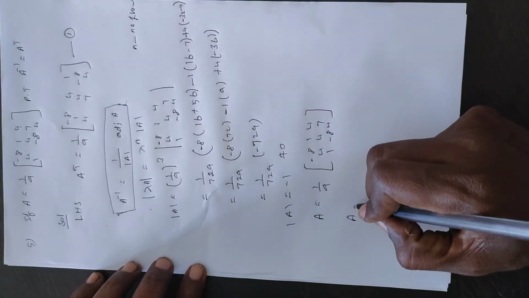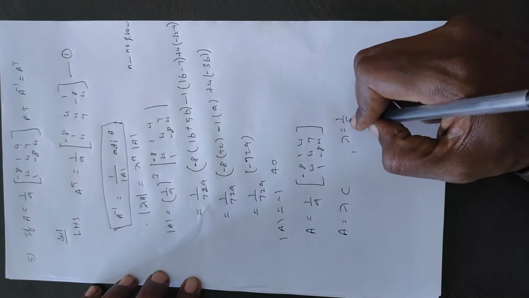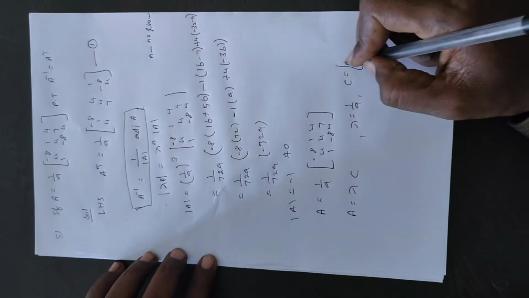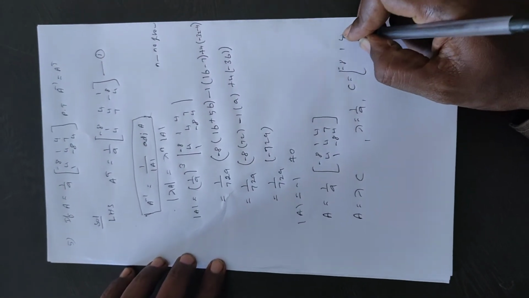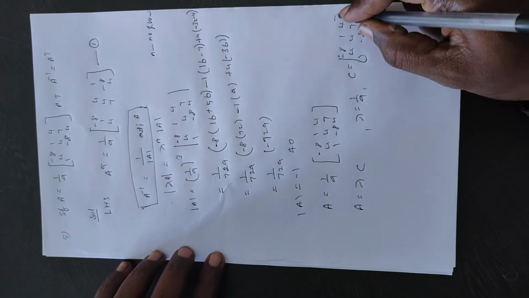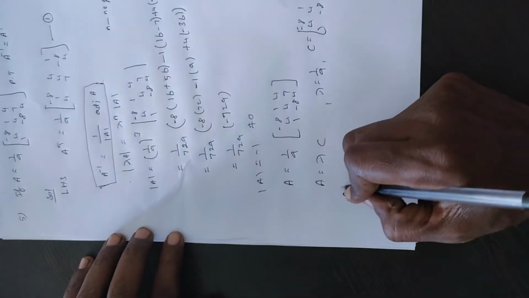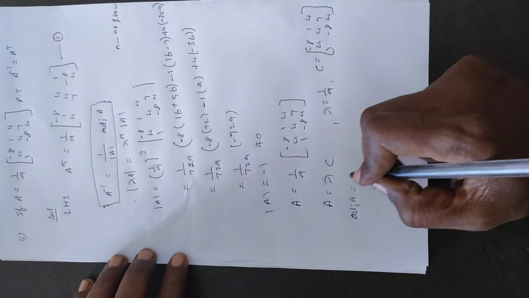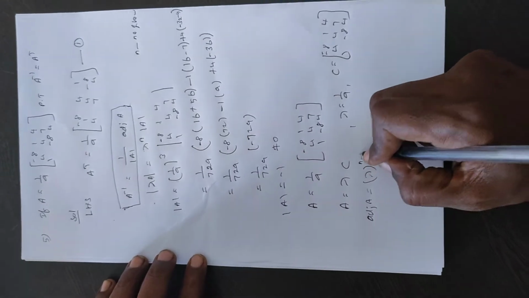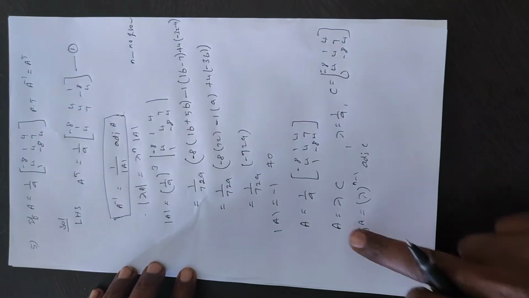We assume A equals lambda C, that means assume lambda equals 1 by 9, and C equals the matrix minus 8, 1, 4, 4, 7, 1, minus 8, 4. Then to find the adjoint of A, lambda power n minus 1 into adjoint of C will come. This is a process we already know.